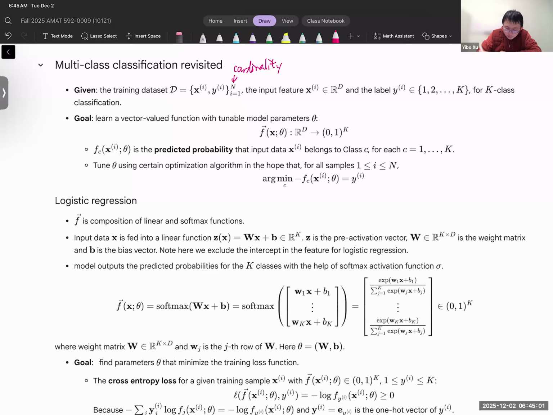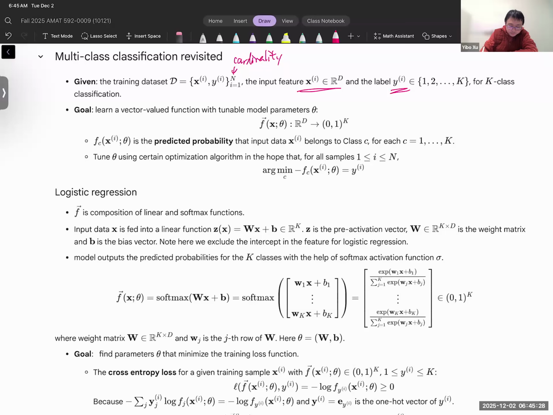And then x are the d-dimensional features. It can be like an image, and the y could be the label associated to the image. Sometimes it's like the MNIST digits, from 0 to 9. Sometimes it's whether it's a dog or a cat. So it could be binary. It could be k class. Basically it's just a possibly integer.